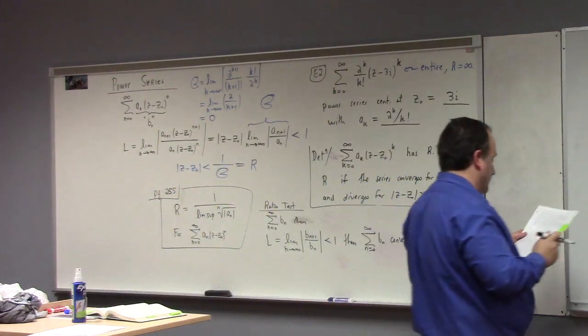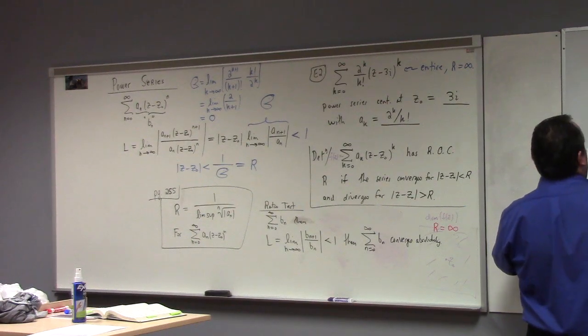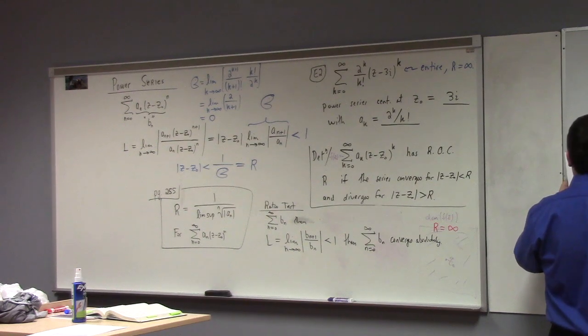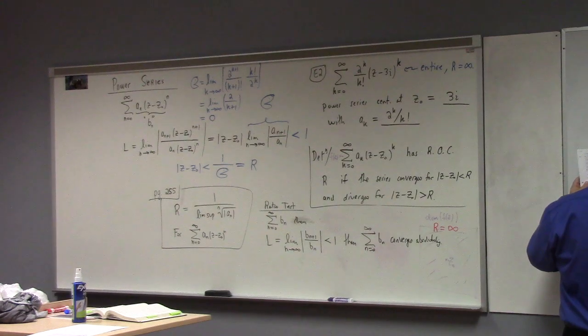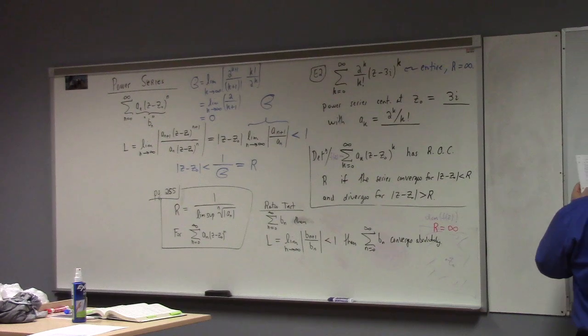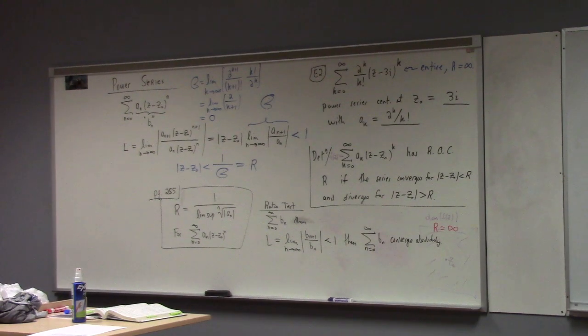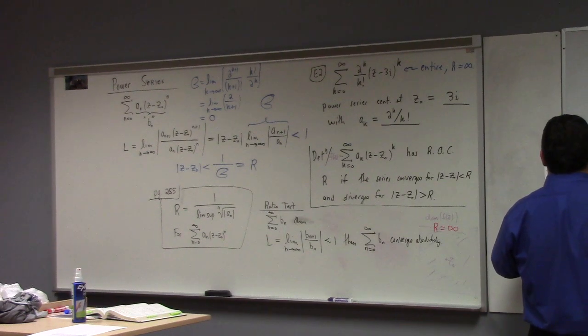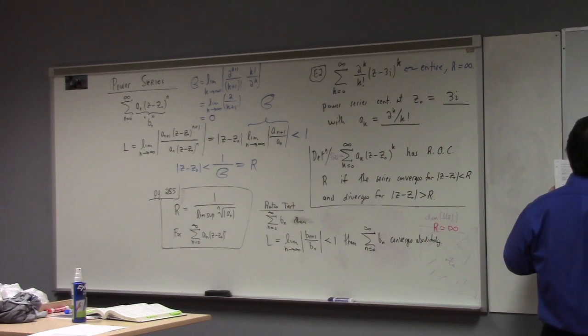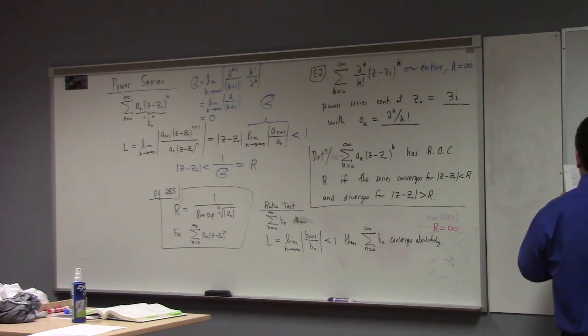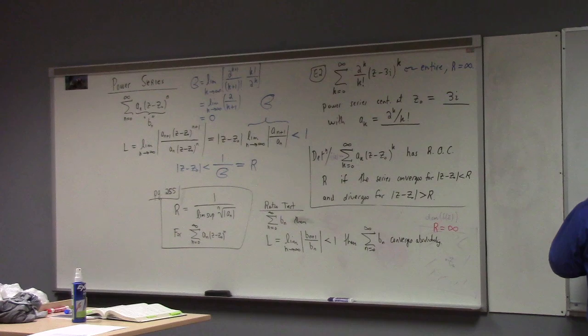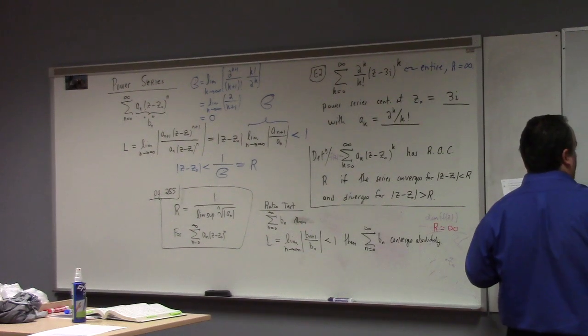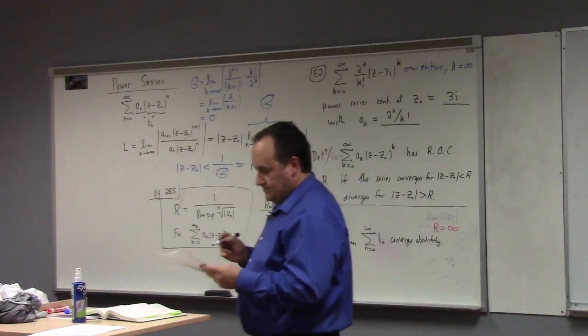Here's the theorem. Suppose f of z is holomorphic for modulus of z minus z naught less than rho, then f of z is equal to the sum k equals 0 to infinity of a sub k times z minus z naught to the power k for modulus z minus z naught less than rho, where, what do you think a sub k is equal to?